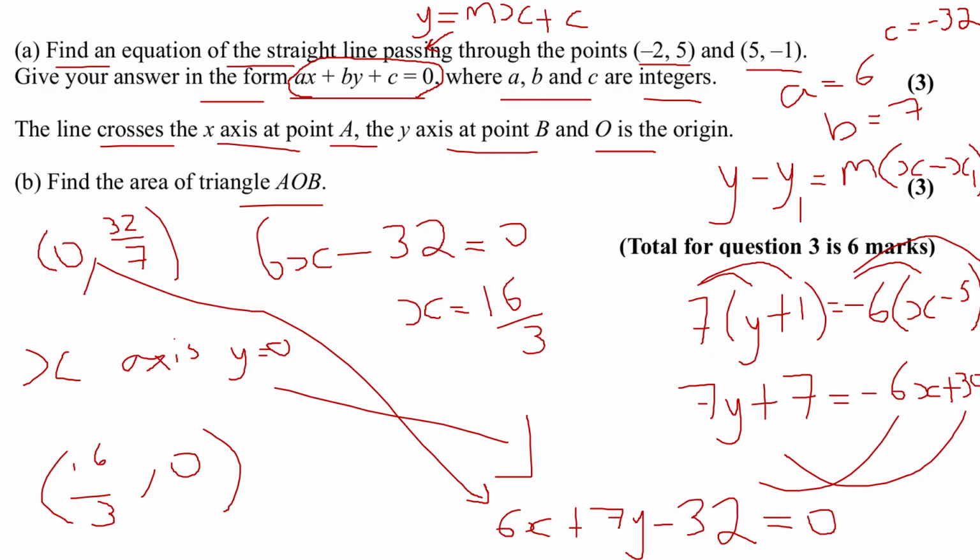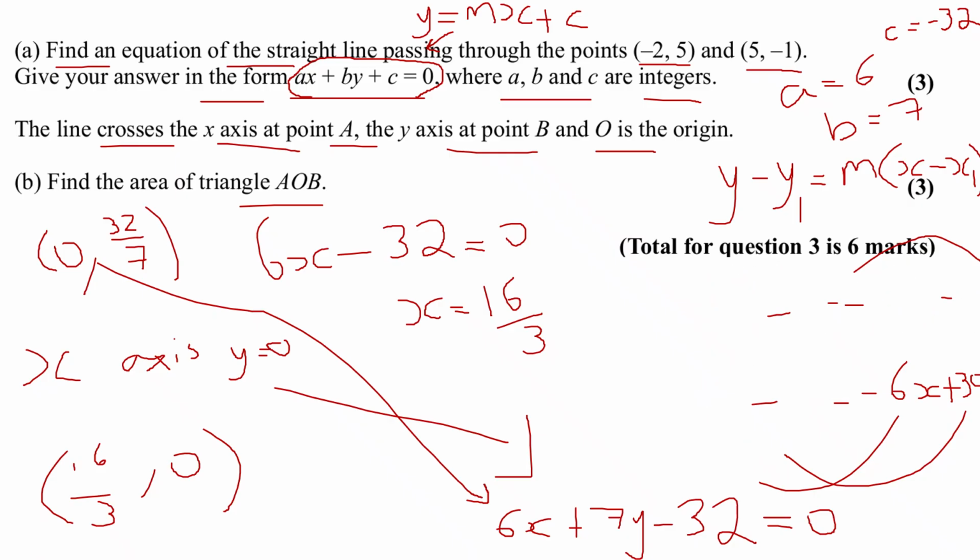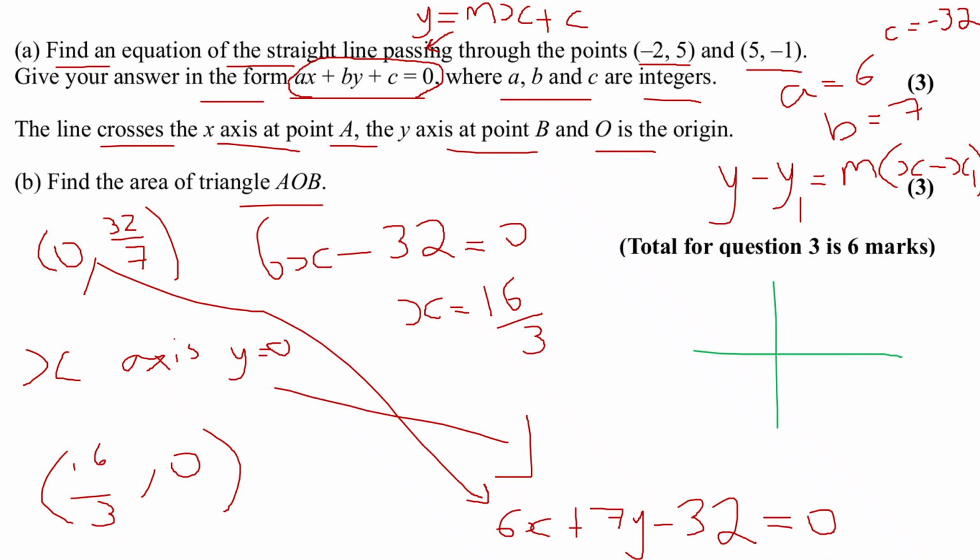So now we've got some coordinates. We can just do a rough sketch of this straight line. So I'm just going to quickly rearrange it in the form y equals mx plus c. So I'm going to subtract and add that.